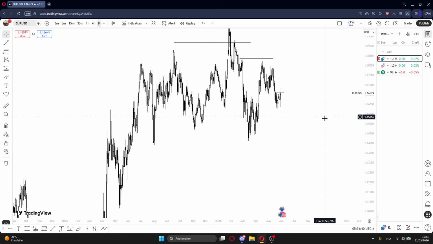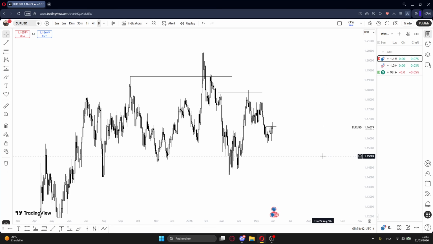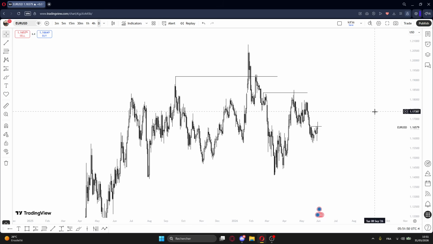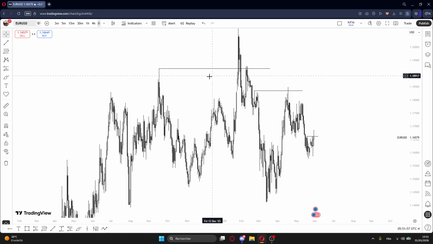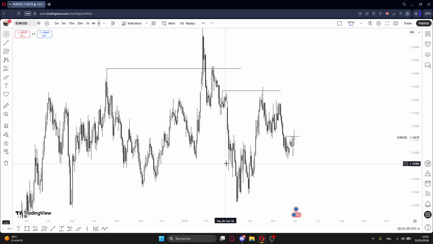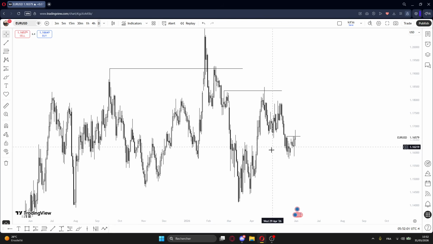So on this instance, this exact example, I'm going to show you how to read the marketplace correctly when both sides are potentially given, and what you are doing in the exact next candle.